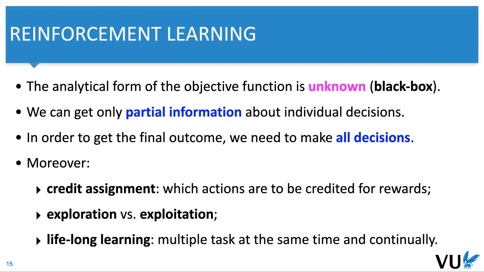And so on. Another thing that is very specific for reinforcement learning is something called lifelong learning, or continuous learning, or continual learning. So we would like to perform multiple tasks at the same time in a continual manner, so that we never forget what we learned.